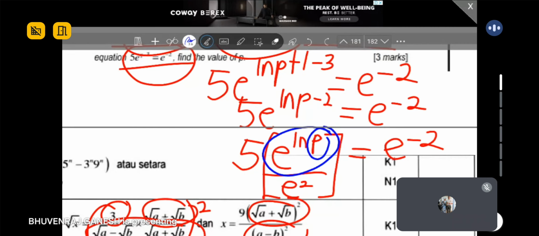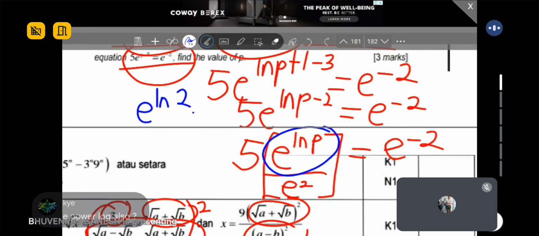Just take the number as your answer for this whole value. Understand? So for example, e to the power of ln 2 is equal to 2. Guys, e power log doesn't exist. e power log is two different things. Log is base 10, then suddenly you have e. They won't have it like that. e is usually paired with ln. They won't pair it with log. It's two different things.